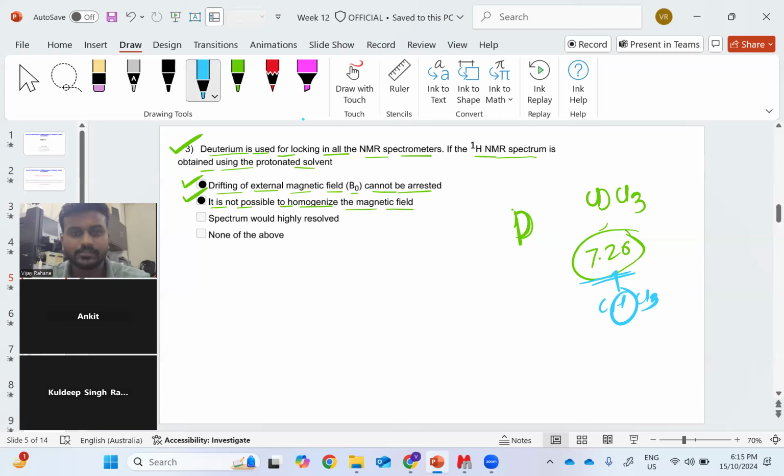While calibrating, when we get the NMR spectra, we generally get one TMS peak. But nowadays we are not using CDCl3 with TMS, because there is a small amount of CHCl3 impurity present, so we can directly lock with respect to that peak as well.